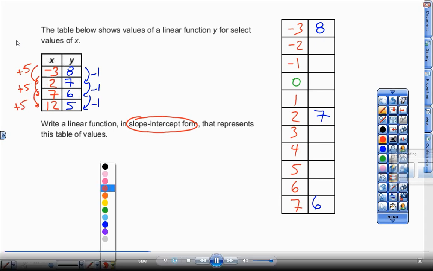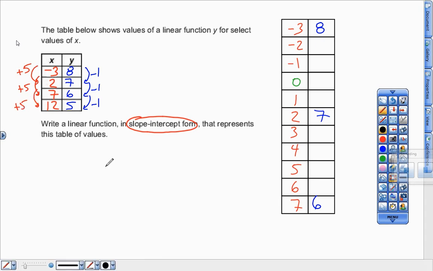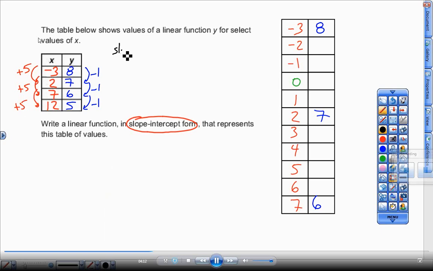So if I put these two numbers together to get my slope, remember slope is rise over run, the change in y over the change in x. I get that by finding how much my y is changing. This represents change in y, divided by the change in x.